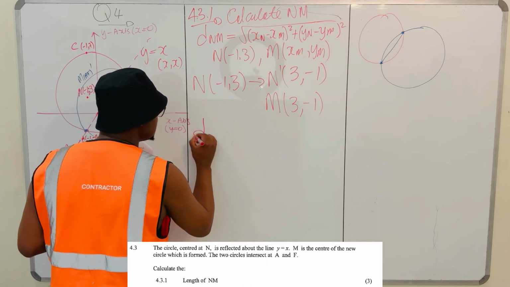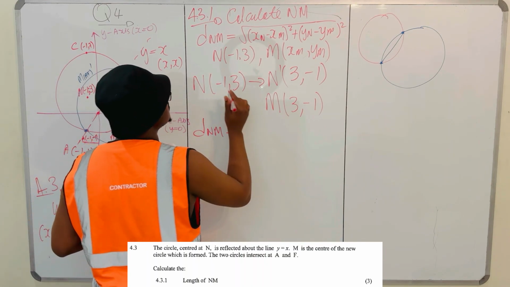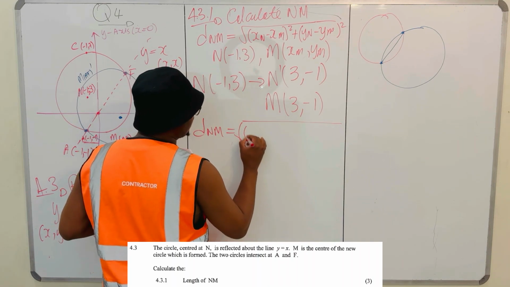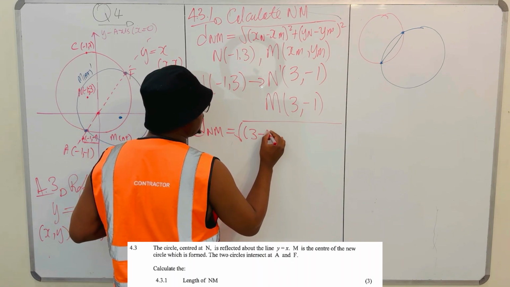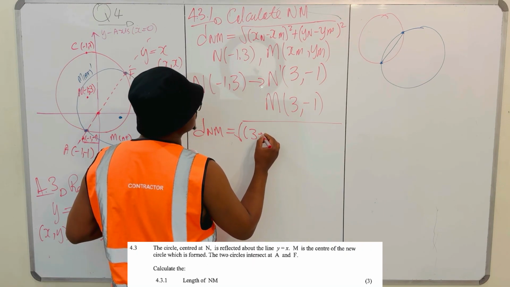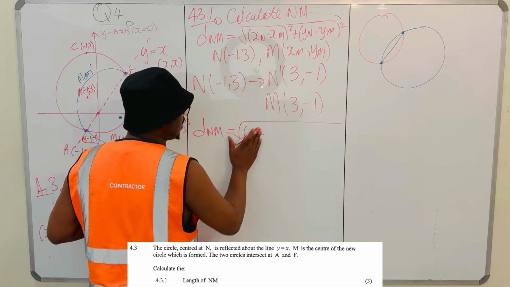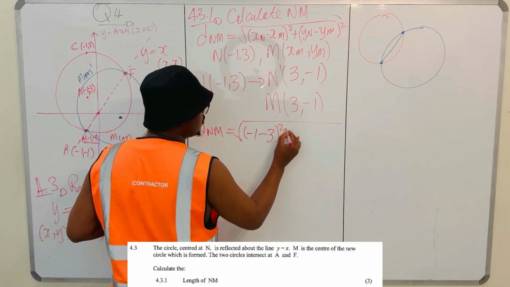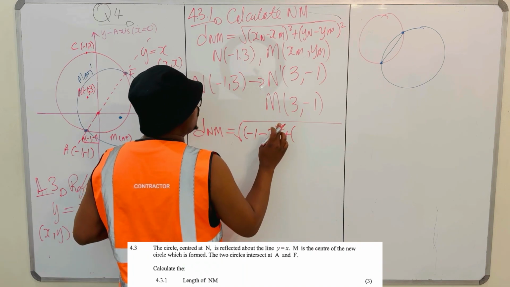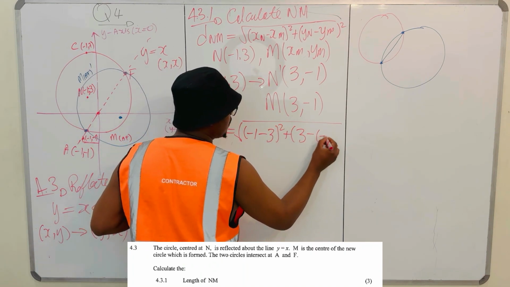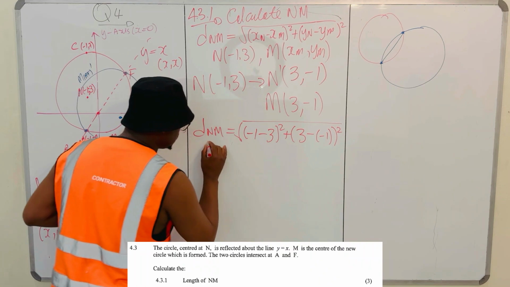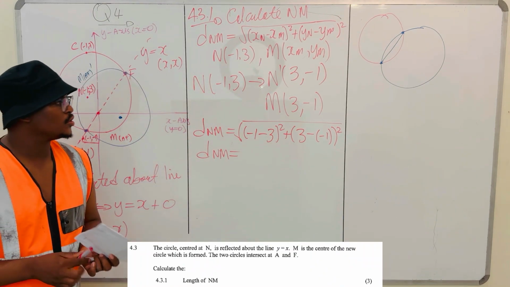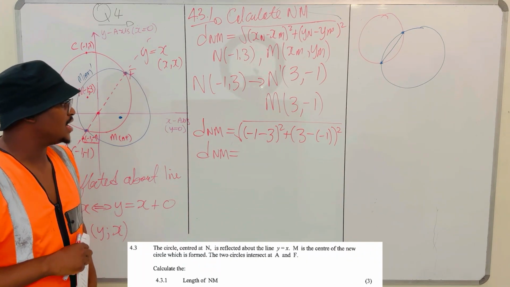So let's find the distance NM, which is equal to the square root of the x coordinate of N, which is minus 1, minus x coordinate of M, which is 3, all squared, plus y coordinate of N, which is 3, minus 1, all squared. So let me punch it down and see what answer we get.